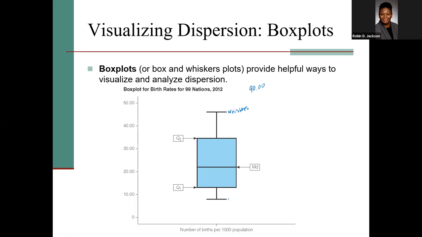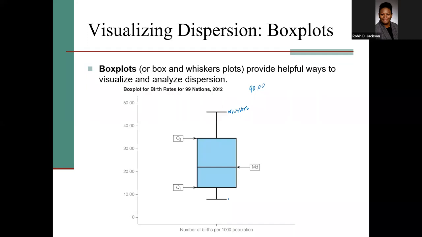With regards to the whiskers, the left and right whiskers extend to the smallest and largest observations that are no further from the edge of the box than what is called the lower limit and the upper limit, okay? The lower limit is 1.5 times the height of the box below the first quartile, and the upper limit is 1.5 times the length of the box above the third quartile.